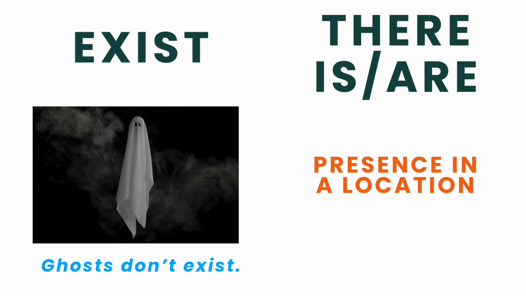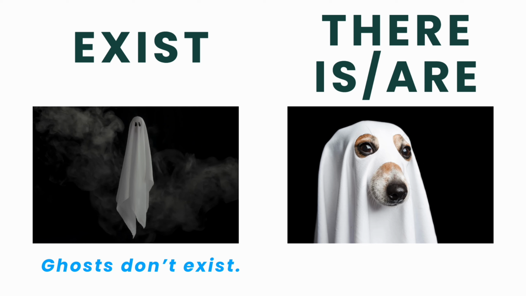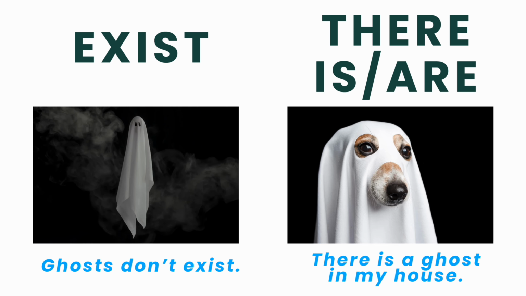But if you want to communicate the presence of a ghost in a specific location, you can say there is a ghost in my house. Then we are not talking about universal existence of ghosts. We talk about its presence in a specific location. We wouldn't say a ghost exists in my house.